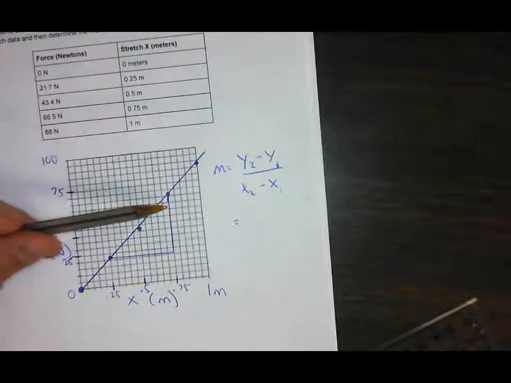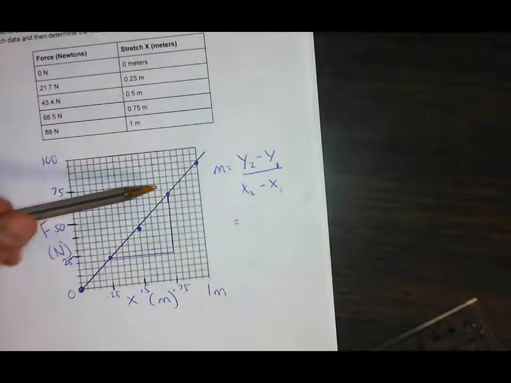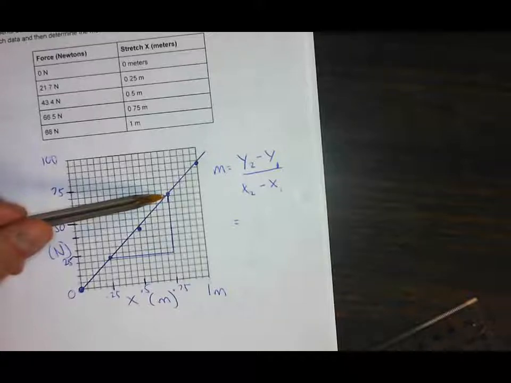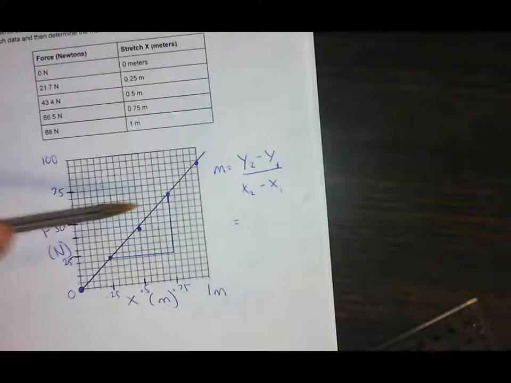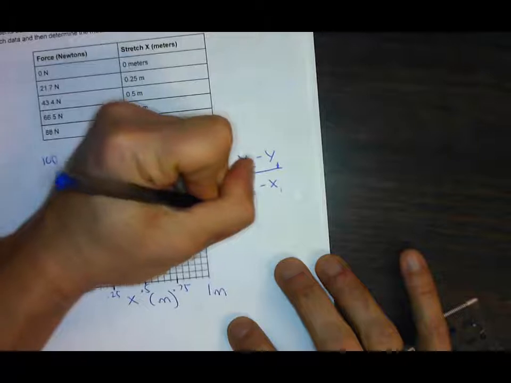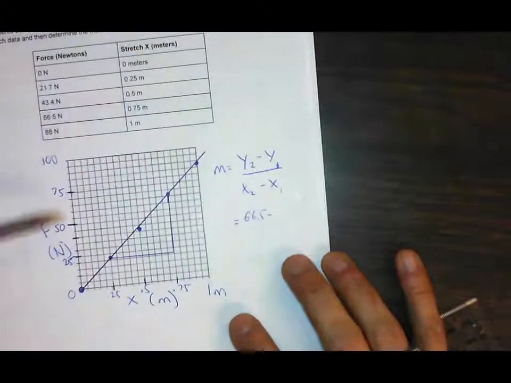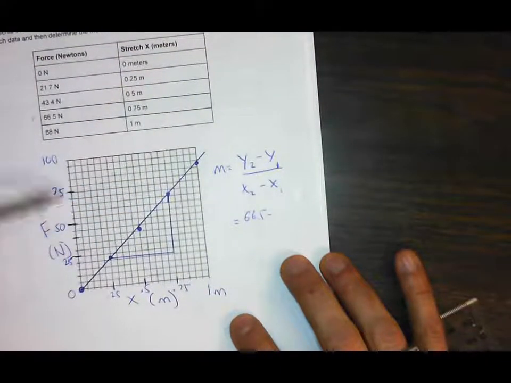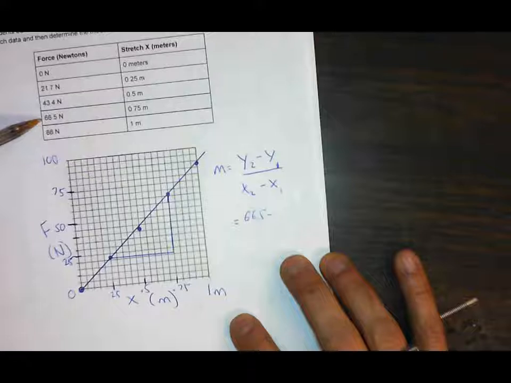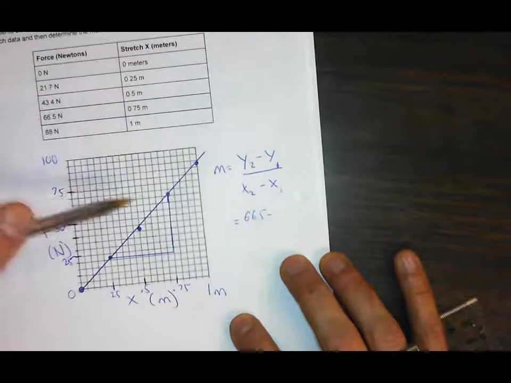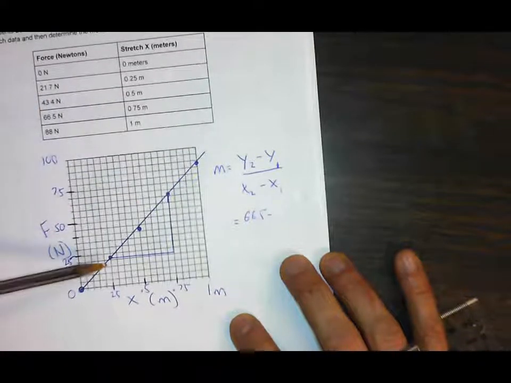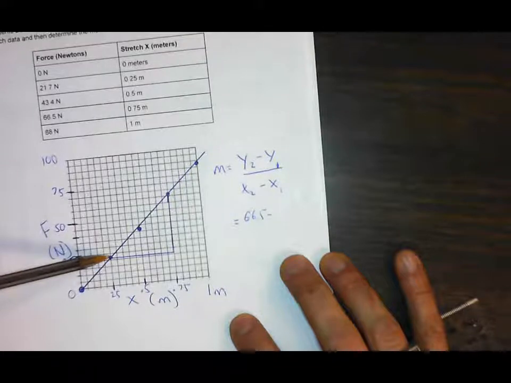Okay. If I'm using this point, my y2 is 66.5 because that point is this point. My y1, which is this point, is 21.7.